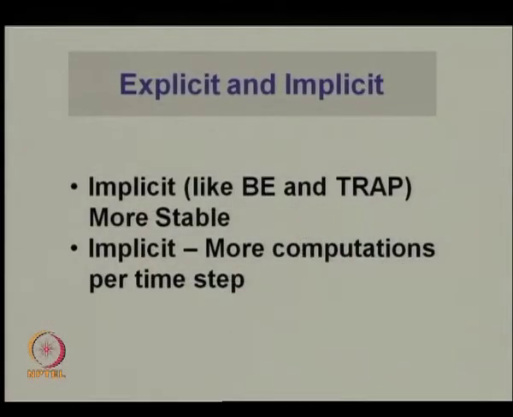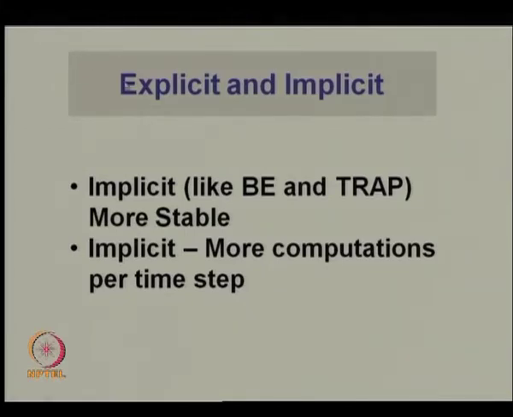Again, just in case you are worried about why I am emphasizing this point, remember that if I am going to use explicit methods, it is important that the system should not be stiff, otherwise you will be constrained to use a very small time step, and it will take a very long time to complete the simulation. Moreover, some explicit methods like Euler method are not even very accurate.